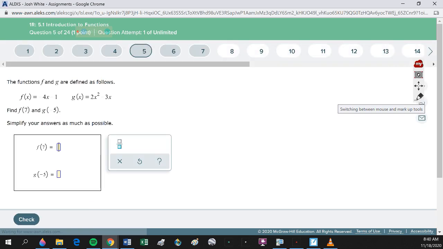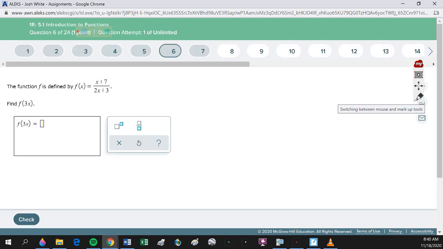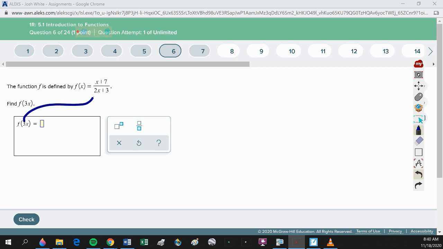Number 5. So here you're going to plug 7 into the f equation and -5 into the g equation and simplify. And then this is the hardest question. What does this want us to do? Wants us to plug 3x in for x.